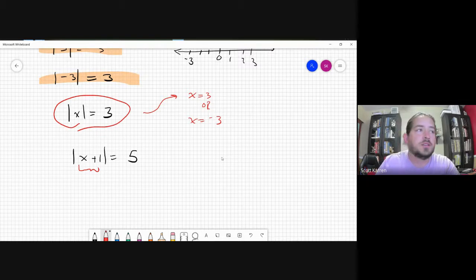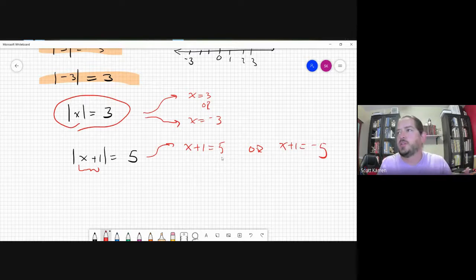So I'm going to break it into those 2 possibilities. Either x plus 1 is equal to 5, or x plus 1 is equal to -5. Whatever's in the absolute value is either the 5 or the -5. So I create 2 equations, and then I just solve each of these.